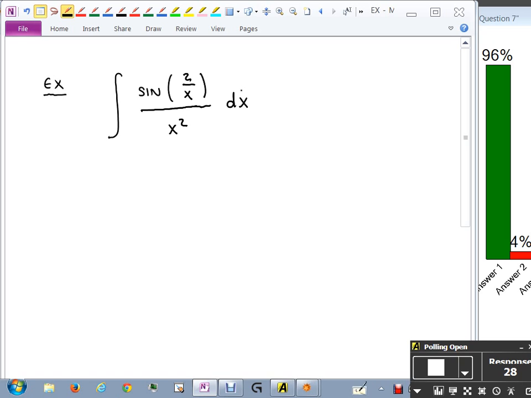What's the general antiderivative of sin(2/x) over x squared dx? So after going through your process, that doesn't look like a common formula. Oh, wait, hold on.